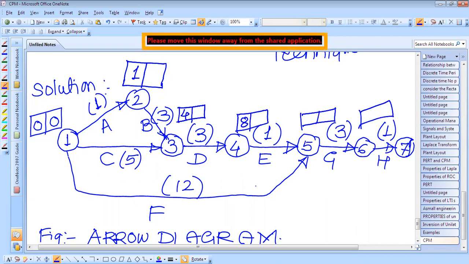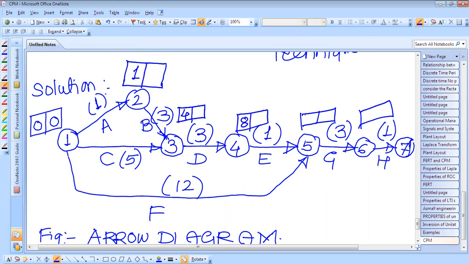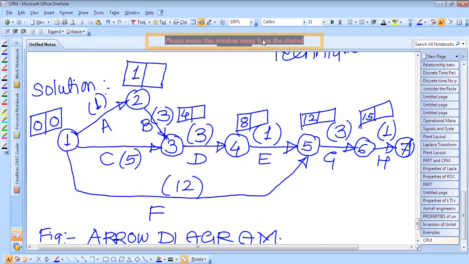So this is the maximum, this is 12. And again, what is the earliest start time for this activity 6-7? It is 12 plus 3, 15. So in this way, we have mentioned here the earliest start time for each activity.